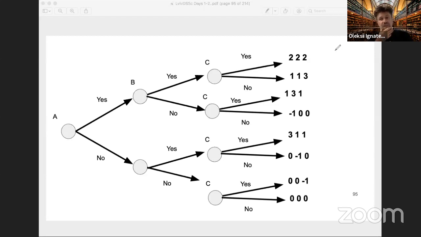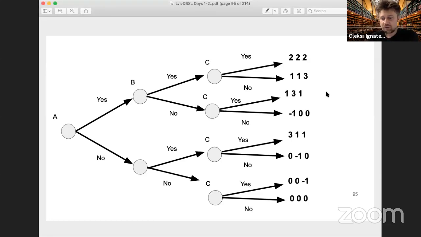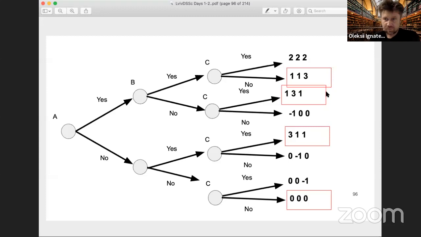In game theory, it's called backward induction. To solve any game with full information, where all players have information about previous moves, if for example C knows full information about previous moves, then we need to start from the end.